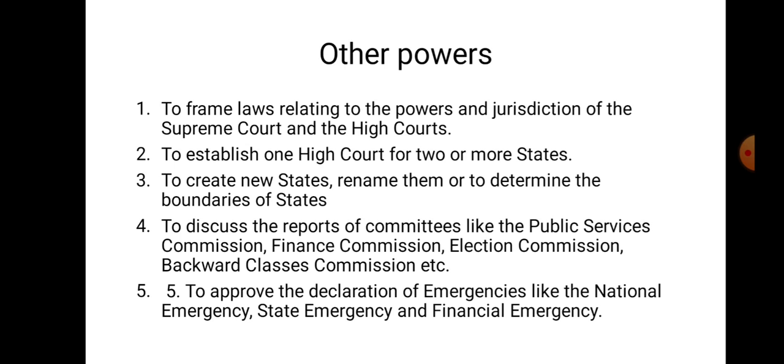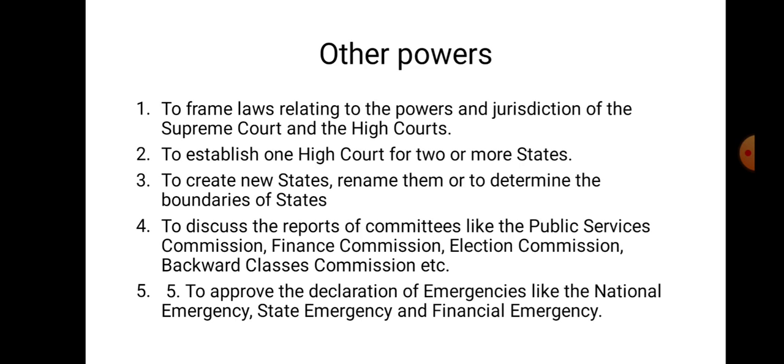Fifthly, it also gives approval for the declarations of emergency. Emergency means it is not pre-planned; all of a sudden it takes place. There are three kinds of emergency: national emergency, state emergency, and financial emergency. The best example for national emergency is the declaration of war.